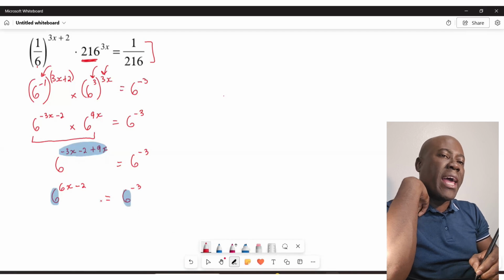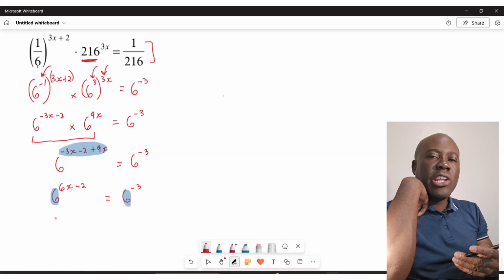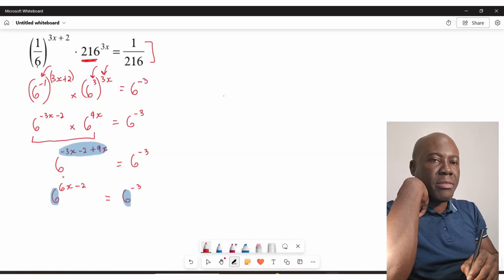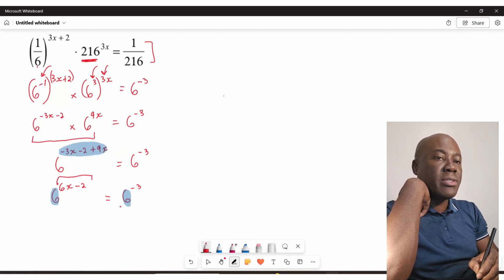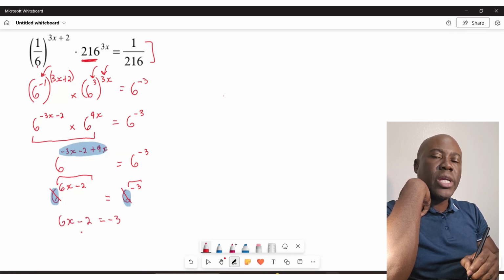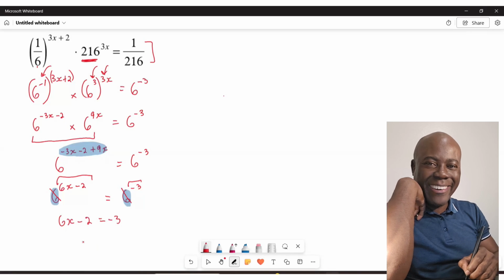Now we've reached a very nice place where we have the base of 6 on each side of the equation, which means we can equate the exponents. If I have 6 raised to something equal to 6 raised to something, the base can cancel, and then we solve 6x minus 2 equals negative 3. We're going to solve this equation ordinarily.